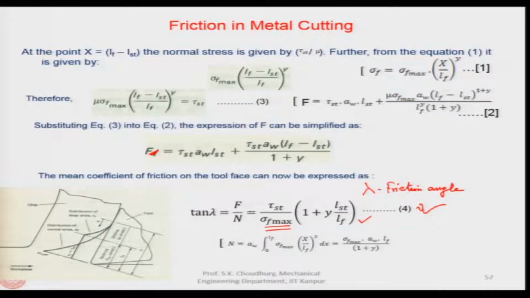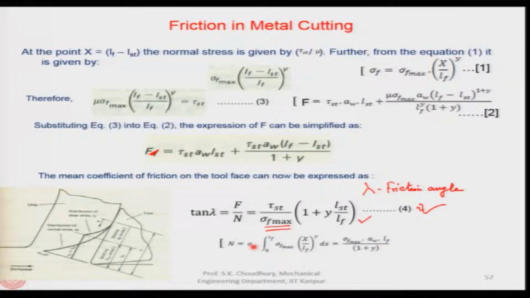Therefore, towards the point where the chip loses contact with the tool, the shear stress is decreasing. Now, if we integrate this curve from 0, where x value is 0 at this point and x value is LF at this point, we can find out the normal force, that is what we did here.